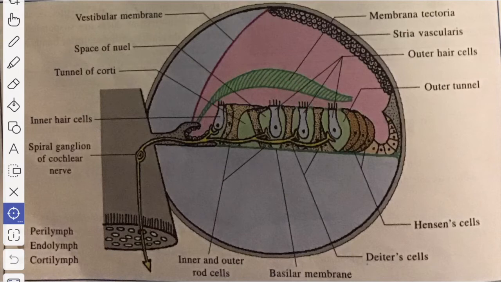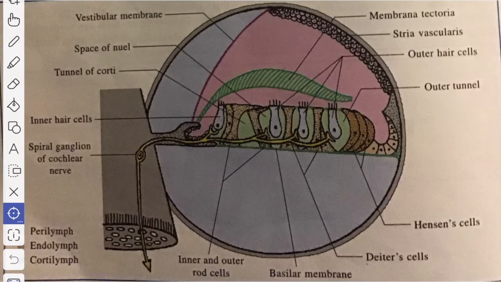It is an acellular protein-rich fibrillated gelatinous structure similar to the epidermal keratin. It is attached to the vestibular lip of the osseous lamina and covers the stereocilia of the inner and outer hair cells.